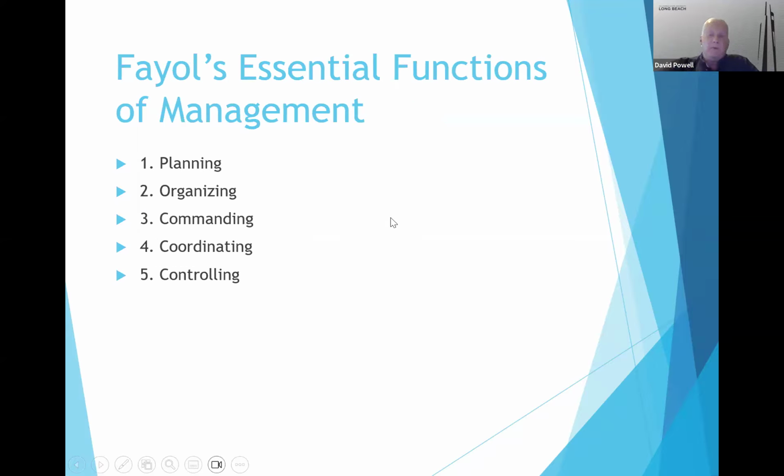But for our purposes, we're going to focus on FAIL's approach to management. And FAIL basically defines 5 essential functions of management, 5 essential functions of managers. So here are 5 things that all managers must do.